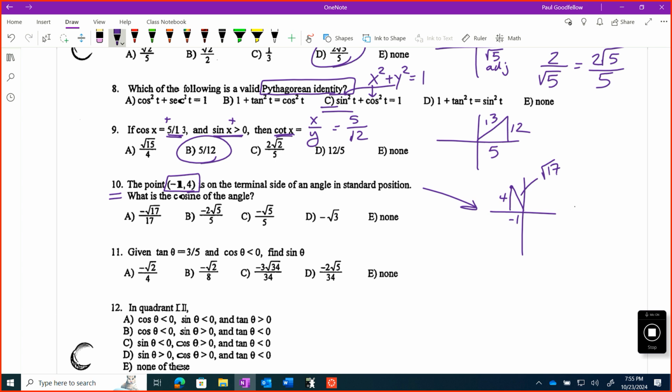And now it says, can you find cosine of that? Cosine would be the adjacent, -1, divided by the square root of 17. And if I rationalize that, I'll end up getting negative square root of 17 divided by 17. And that answer is letter A.